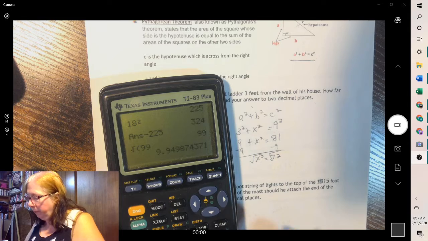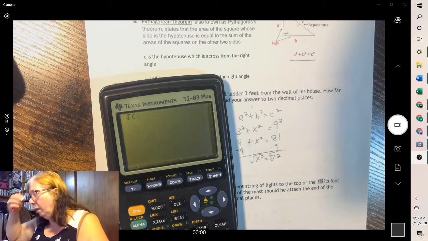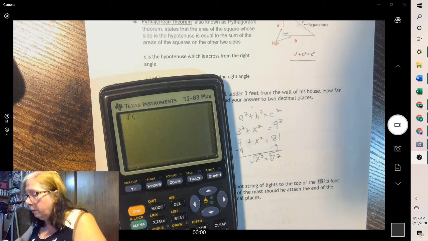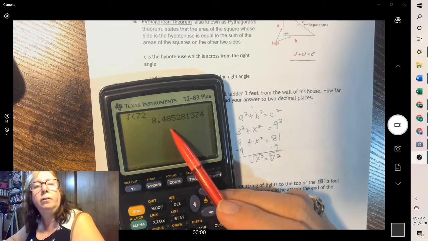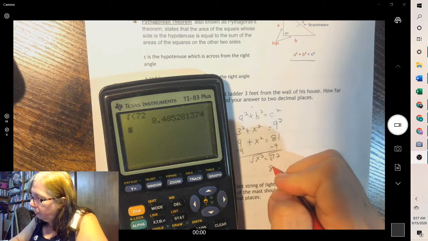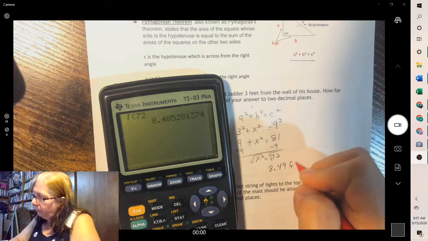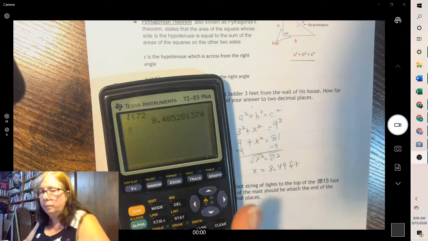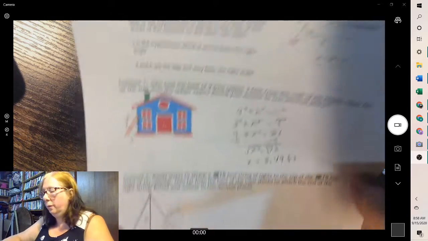But since we're talking about measurements, we drop the negative. And we get 8.49. I think it was feet. Try another one.